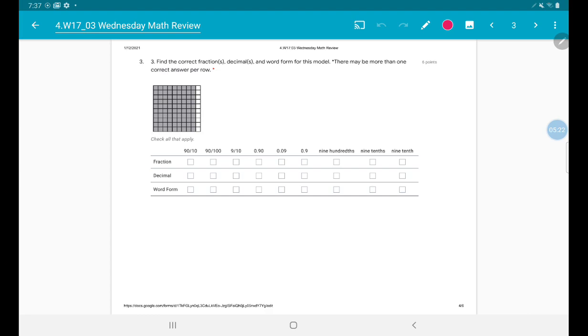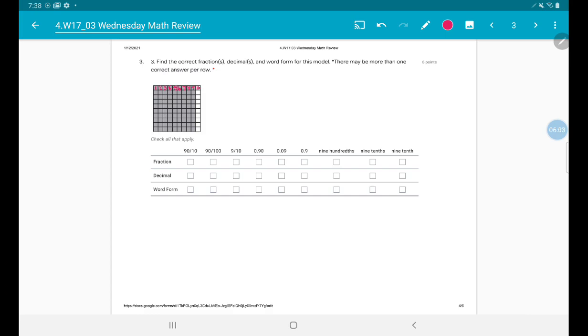All right, number 3. Find the correct fraction, decimals, and word form for this model. And there may be more than one correct answer per row. All right, so if I look at my model, I know from using base 10 blocks that that's going to be broken into 100 equal pieces. I could also count 1, 2, 3, 4, 5, 6, 7, 8, 9, 10.